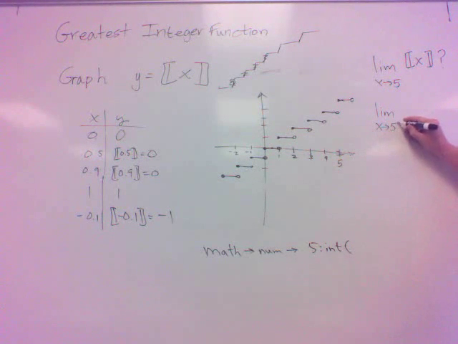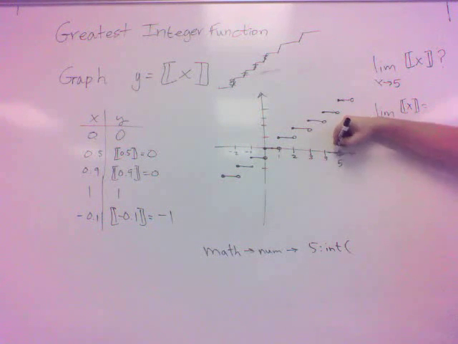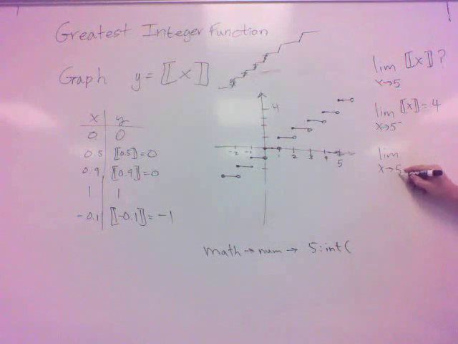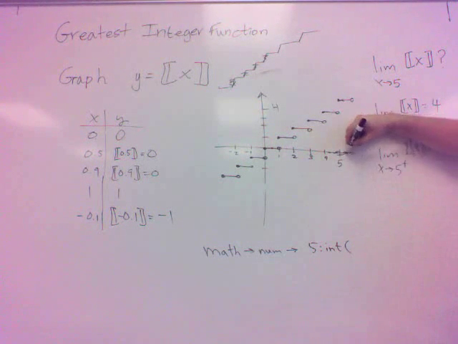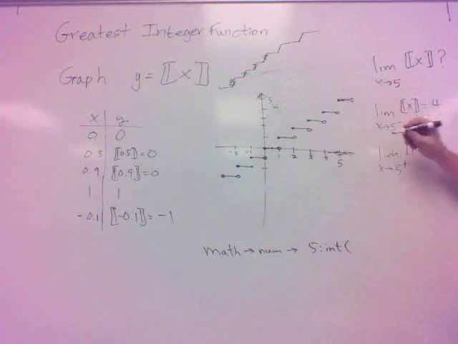The limit as x approaches 5 from the left of the greatest integer of x: as you approach 5 from the left, you're coming in at 4, right? The limit as x approaches 5 from the right: you're coming in at this level, which is 5. So the limit from the right is 5.